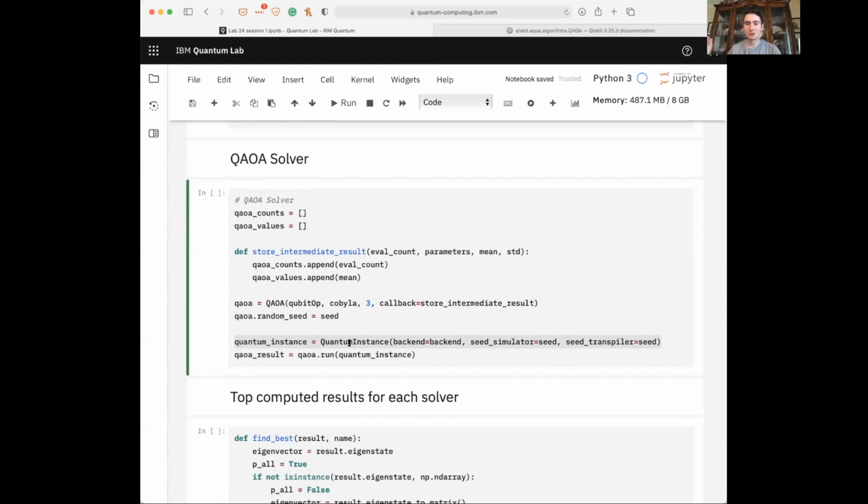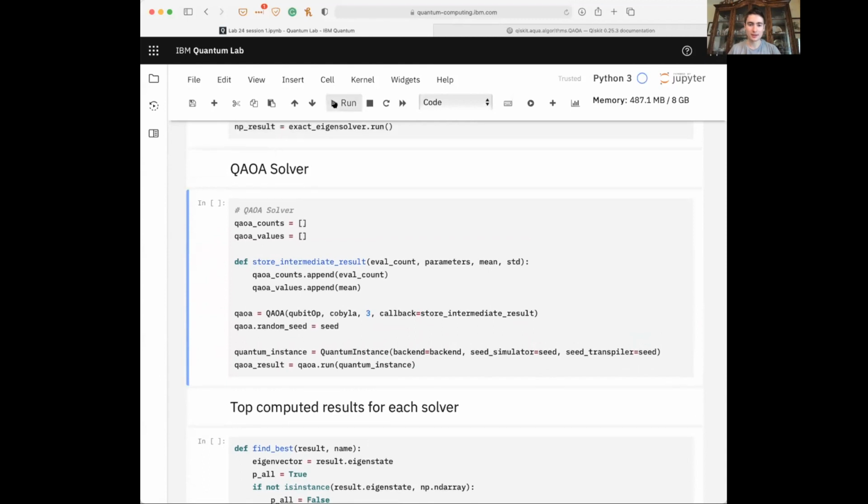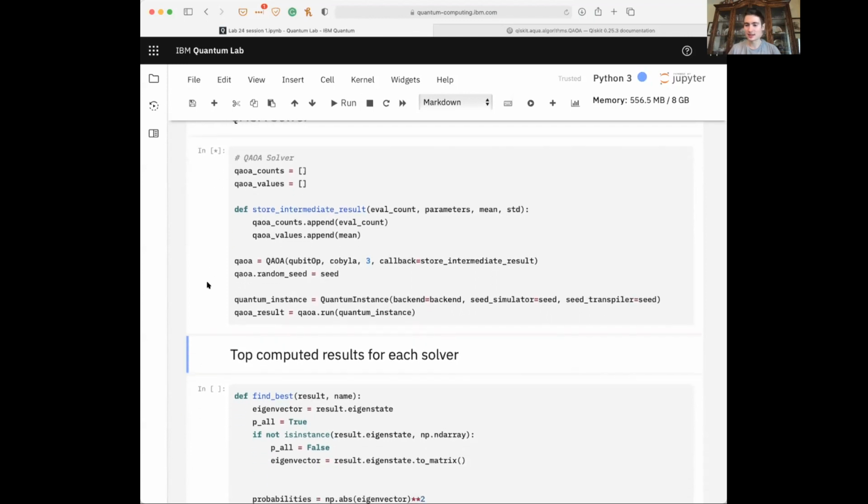Very common in code that you find online, that there's some imperfections, some stuff that doesn't quite make sense. This probably isn't needed, but whatever, we won't mind too much. And then final step here, QAOA result equals QAOA.run with this quantum instance. So this seems to be the step that's doing the work for us, right? So I'll go ahead and run this. I'm expecting that this might take a little bit longer because we're running QAOA, but I tried this a little bit earlier and it didn't take too long. So I'll give it just 10 seconds or so here.